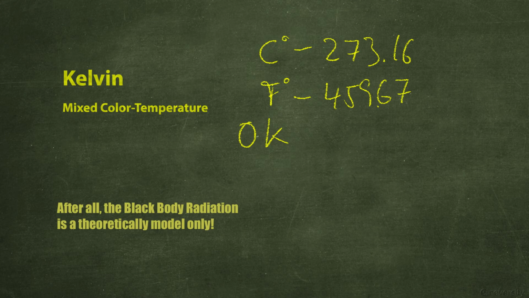Having said that, we have a temperature here. And the idea to use Kelvin for color temperatures was given by using a little material, a black body. You can of course read more about this in Wikipedia or in your dictionary.